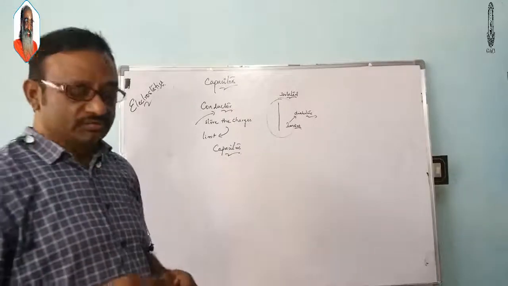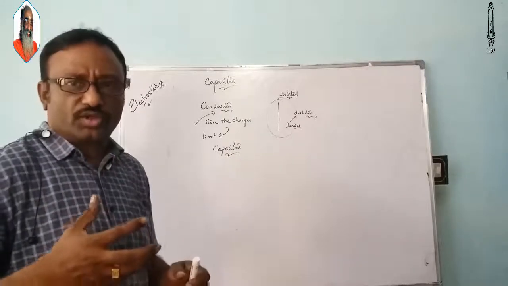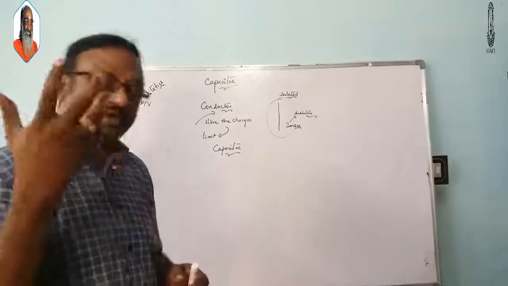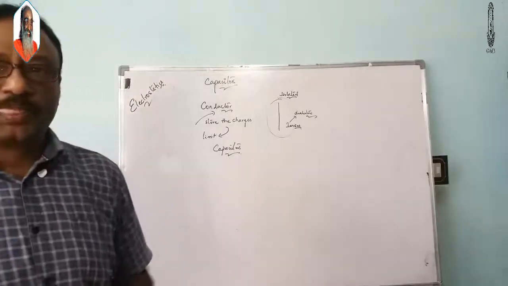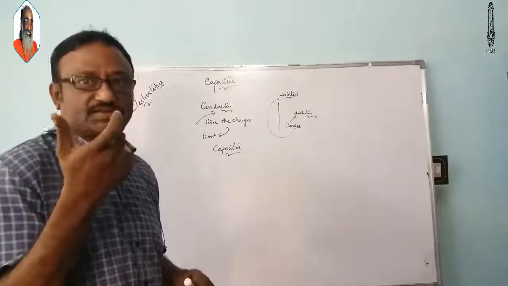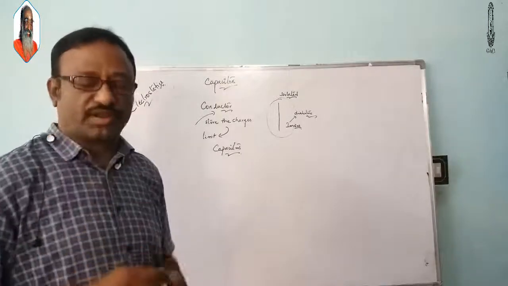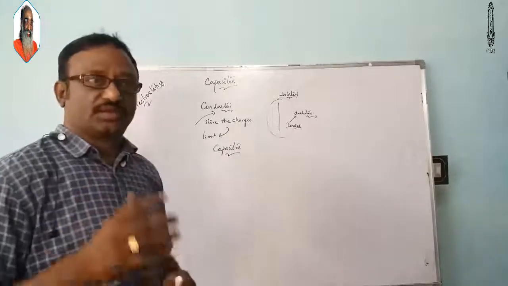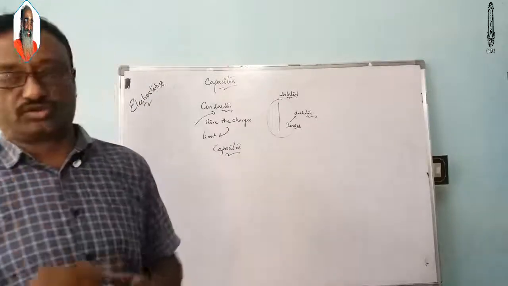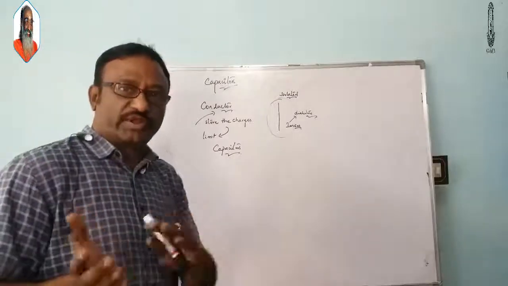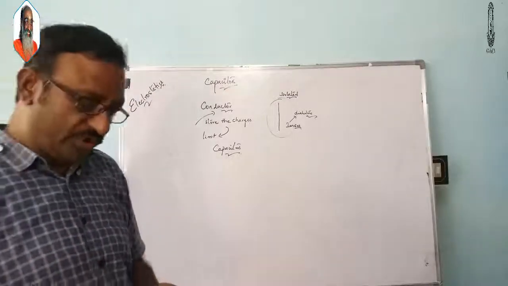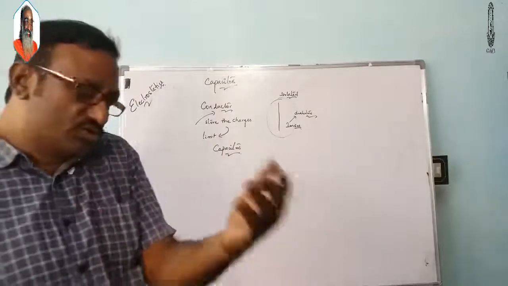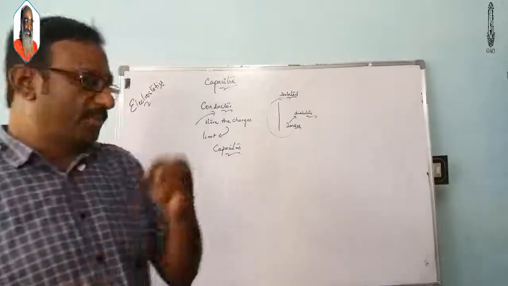And not only that, wherever you want to store the charges quickly and release the charges quickly, we can use capacitors, for example in the flashlights of the camera. And in some applications, the charges will be released slowly also. So in both manners we can use these capacitors, when it is to be charged or released quickly, or when it is to be released slowly.